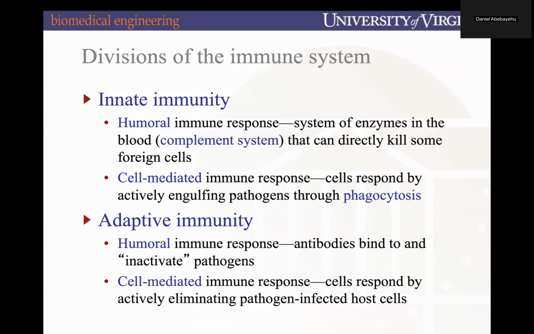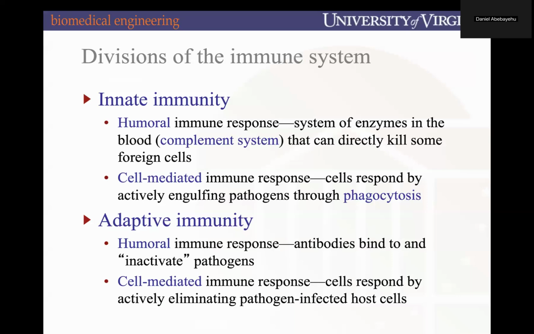On the adaptive side, the humoral response there is mediated by antibodies. We talked about last class how there is one specific immune cell that is tasked with making antibodies. That's B cells. So antibody production is the humoral part of adaptive immunity. The cell-mediated part within adaptive immunity is permitted by cells actively eliminating or killing infected host cells of our own that are infected with something that need to be eliminated.